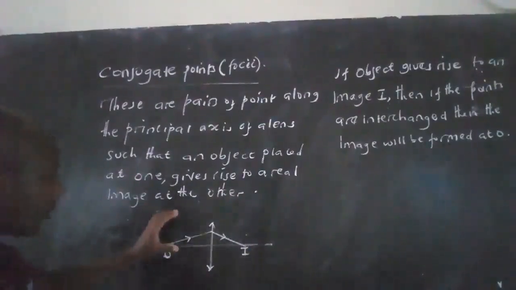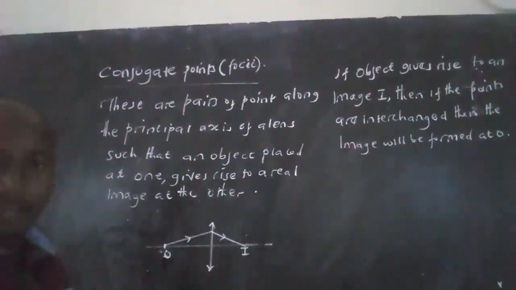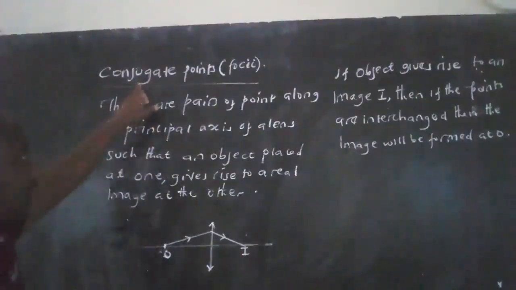These are what we call conjugate points.